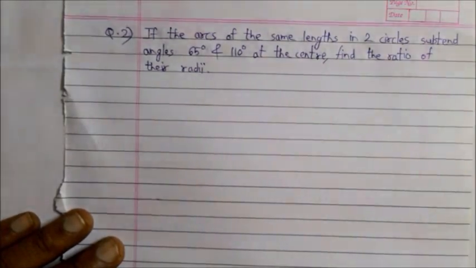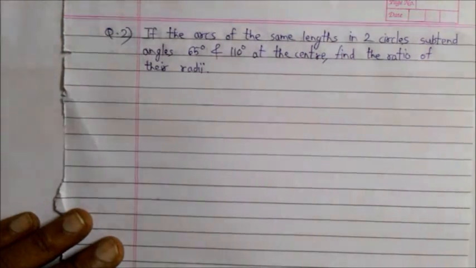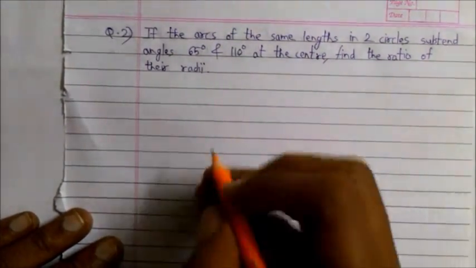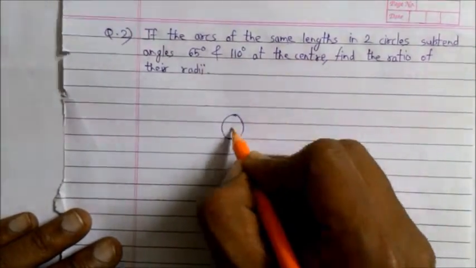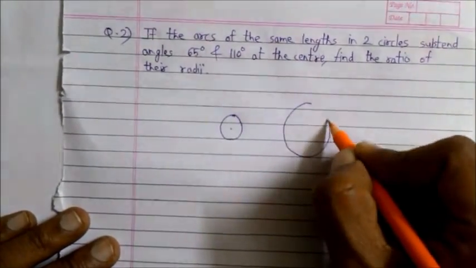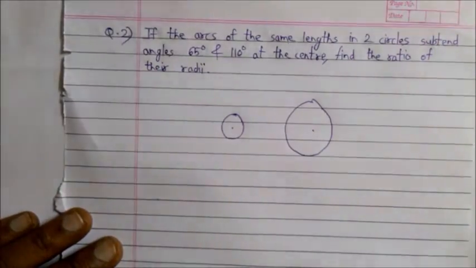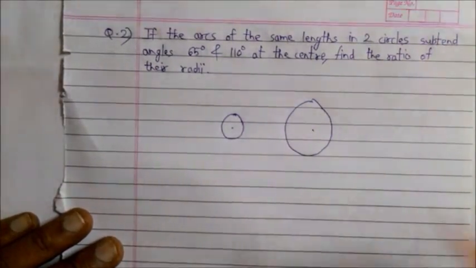Now there are two circles, and let us call these circle 1 and circle 2. Now, there are two arcs.